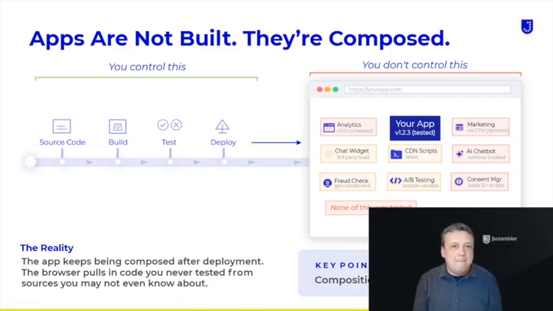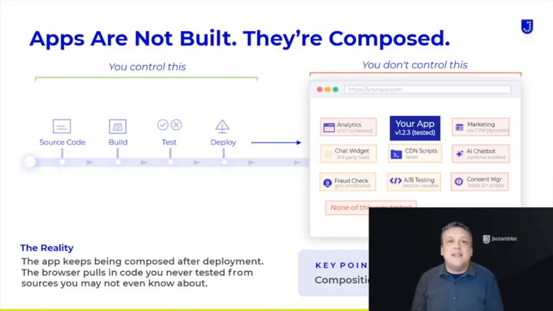This is the reality. That conveyor belt doesn't end at deployment. Your application lands in the browser, and it immediately becomes a collection point. The moment that page loads, it starts pulling in external JavaScript from everywhere, frankly.